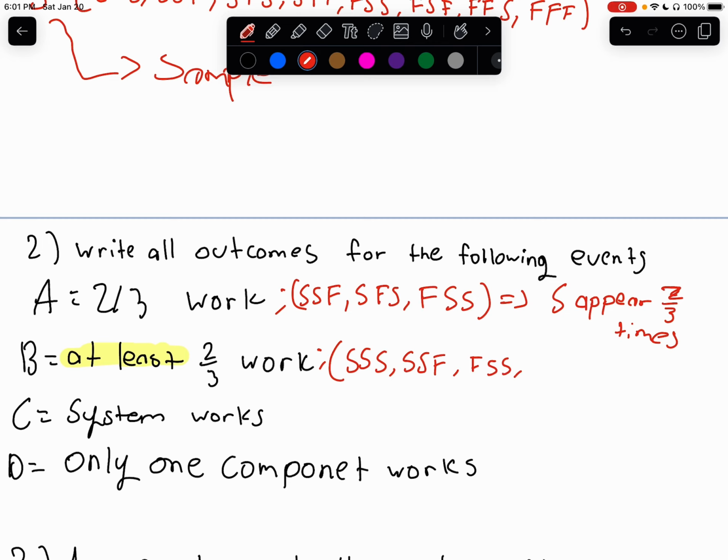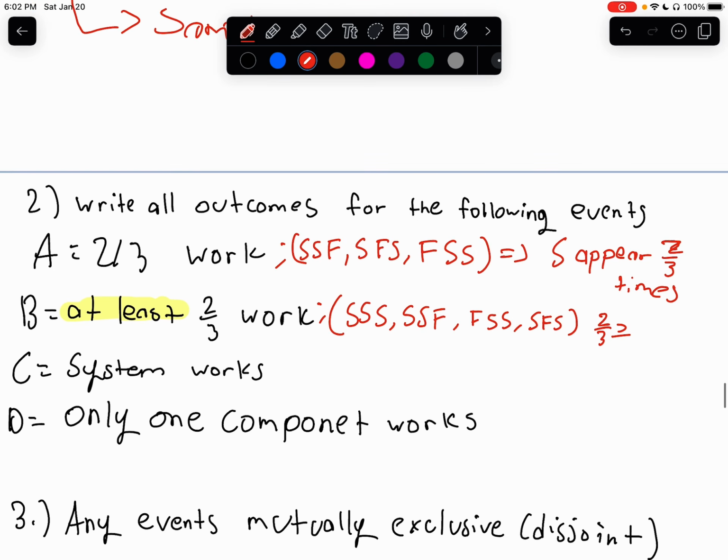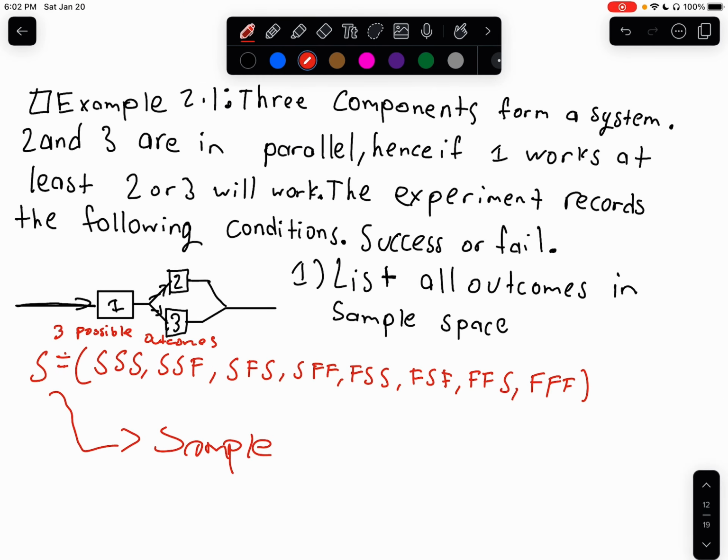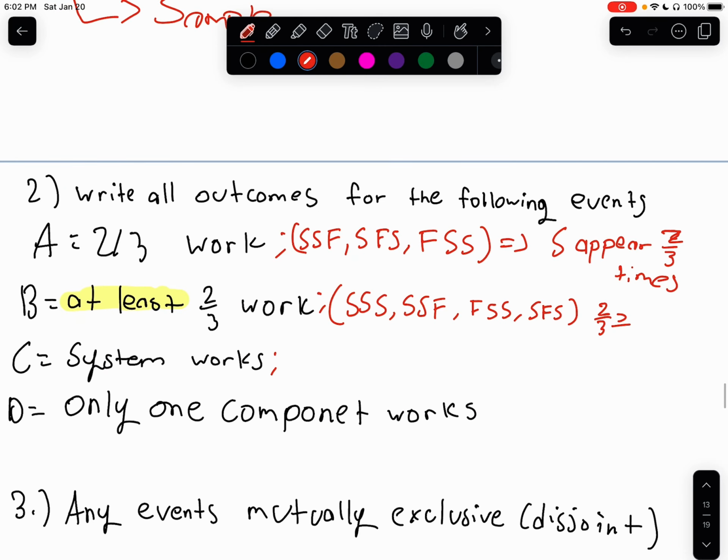And then the next one, remember, as you're going from above, succeed, fail, succeed. So at least 2, so 2 or 3, or greater than that number. The system works, right? So remember the criteria above, where if 1 works, 2 or 3 will work. So C will equal, remember, succeed, succeed, succeed.